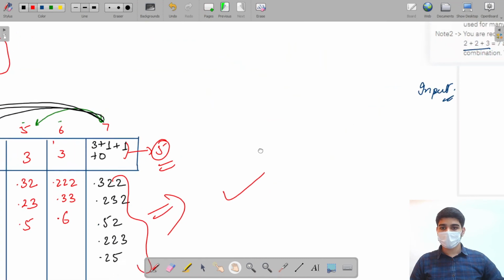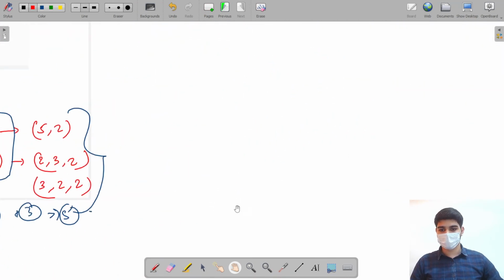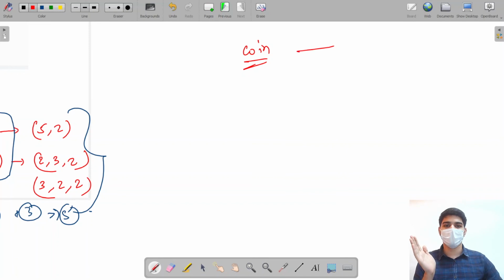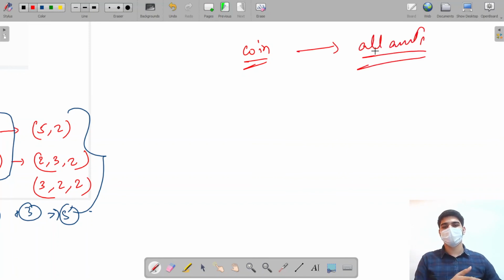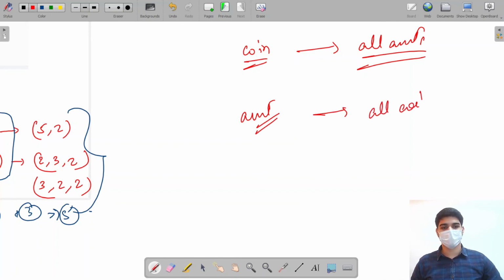So again, what was the difference between this and coin change combinations? In coin change combinations, for a particular coin, we looked out for all the amounts that are possible using that particular coin. But in coin change permutations, we took a particular amount and we tried all the coins.